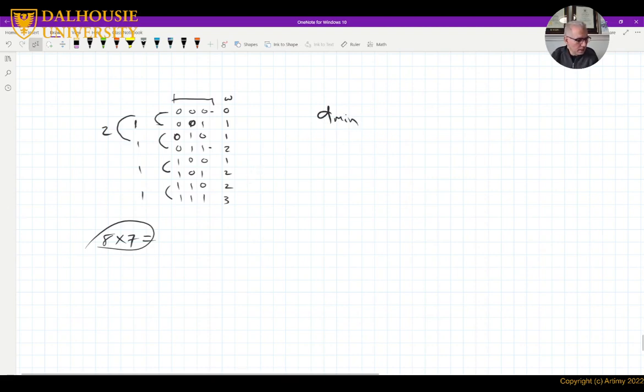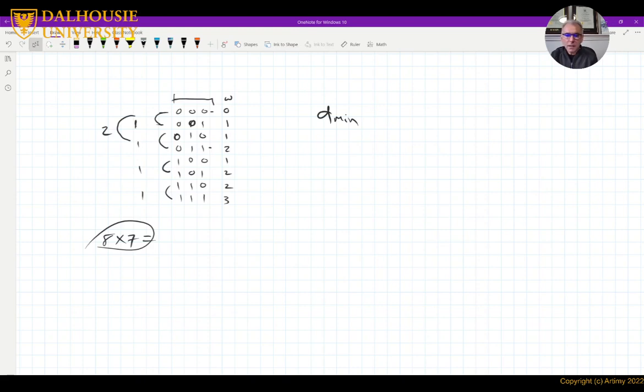In the slide here, it tells me that if I compare every word with every other word and take the minimum distance among them, this is what we'll call the minimum Hamming distance.